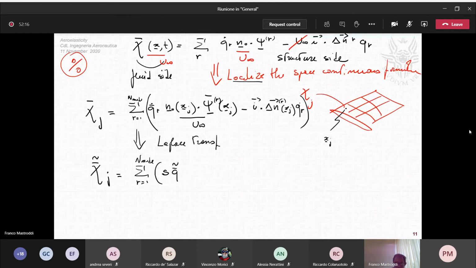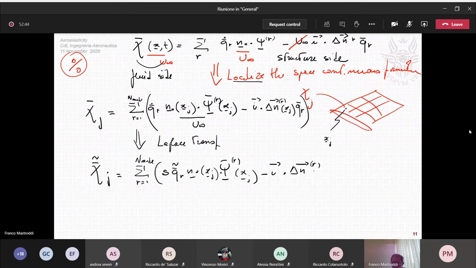This was the modal coordinate, because these are modal coordinates. And then psi at the x_j point, dot psi_r at the x_j point, minus i dot delta n_r at the x_j point, times q bar tilde.